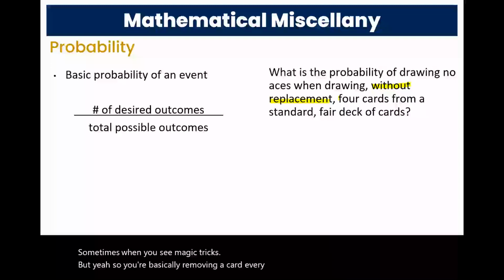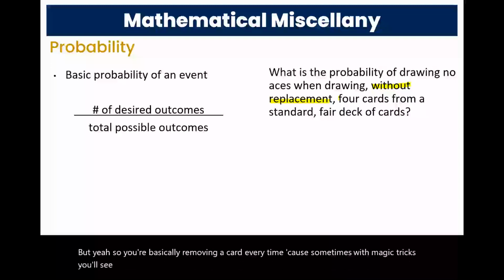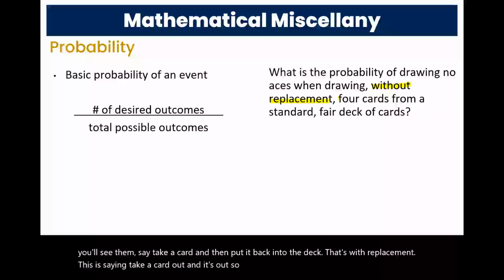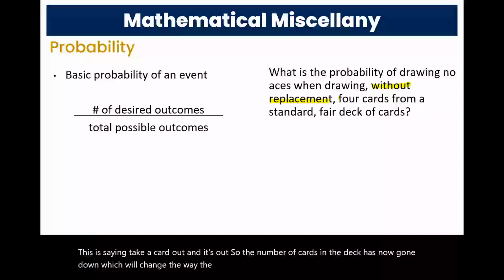Because with magic tricks, you'll see them say, take a card and then put it back into the deck. That's with replacement. This is saying take a card out and it's out. So the number of cards in the deck has now gone down, which will change the way the probability is calculated. So what's the probability of drawing no aces when drawing 4 cards from a standard fair deck of cards?